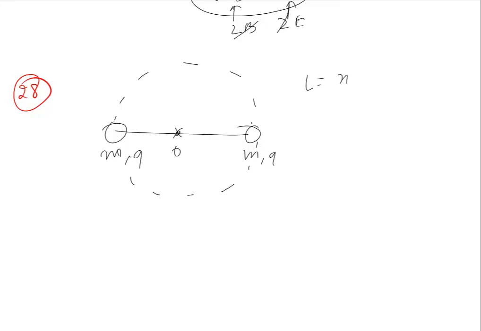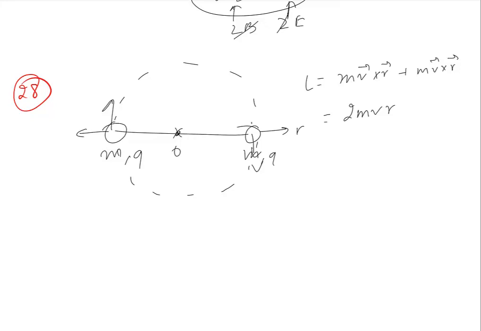It's equal to mv cross r for first guy plus mv cross r for the second guy, and v cross r comes out to be in the same direction. For this guy also v cross r is upward direction, and for this thing also v cross r comes out to be in upward direction. So this is 2mvr.